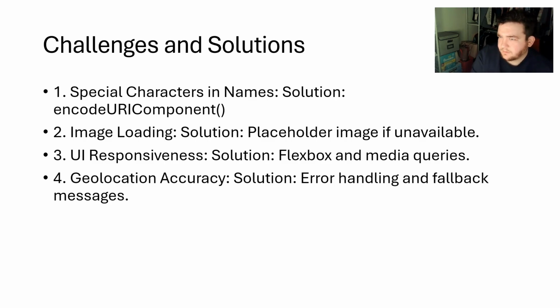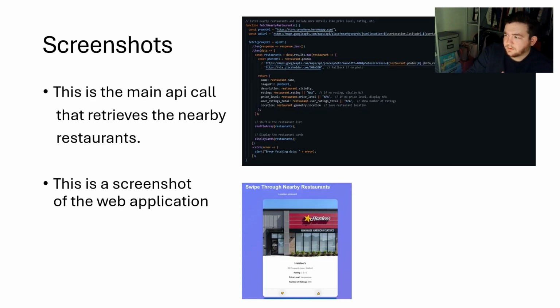There are some that still don't load, but I have a placeholder image that loads up when it's not found. UI responsiveness was another one, and then geolocation accuracy. Sometimes it was putting in bad data or the wrong location as well. That's all handled.